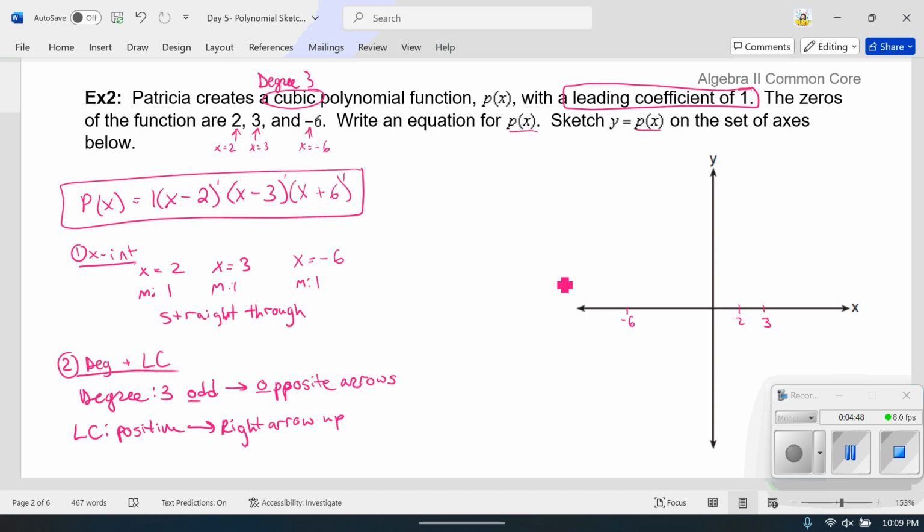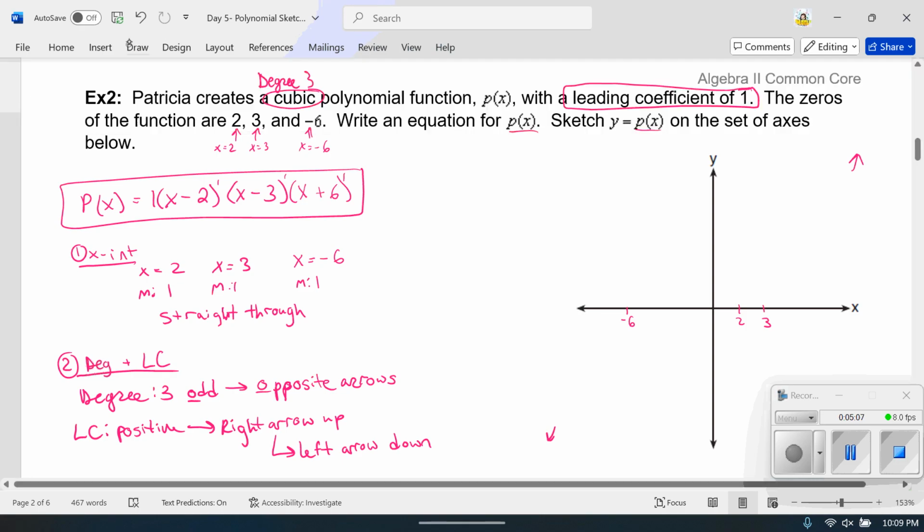Now, if the right arrow goes up and they are opposite arrows, that means the left arrow, if they're opposite, must go down. So we're going to start from down here and we are going to end up here. Now, drawing this together, you're going to start from the bottom, and you need to cross through this x-intercept.